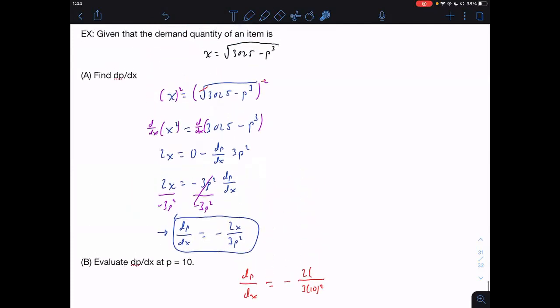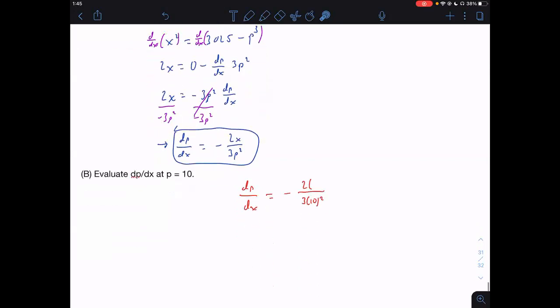Yes. Again, what are we given? This demand function where x equals the square root of 3,025 minus p cubed. So if we know the price that we want to set our item to, then we can figure out the demand quantity of that item. If we know p, we can solve for x.